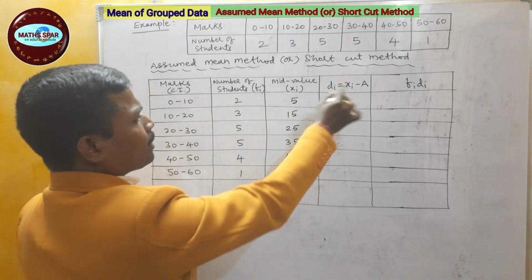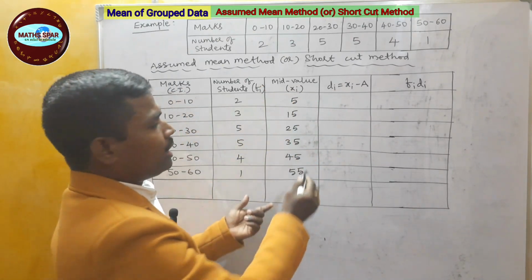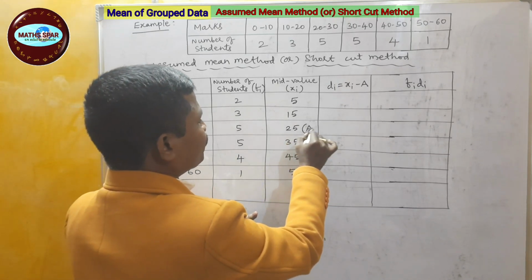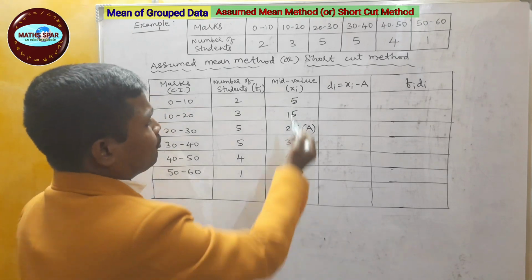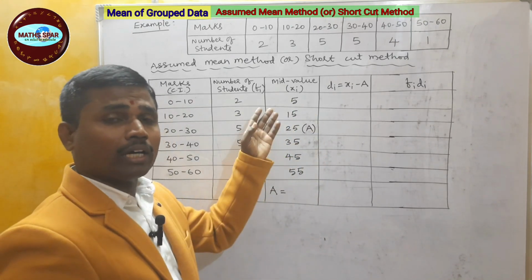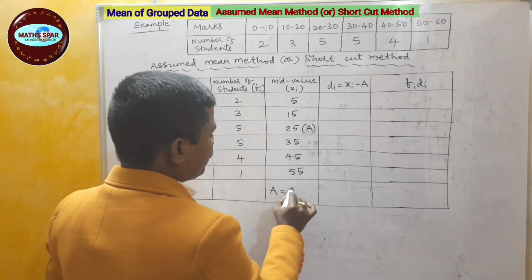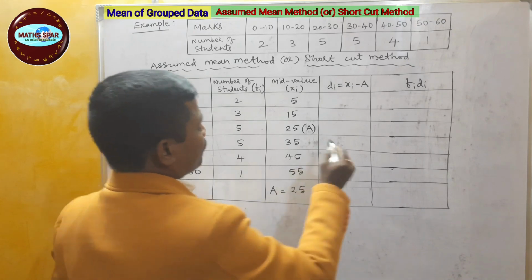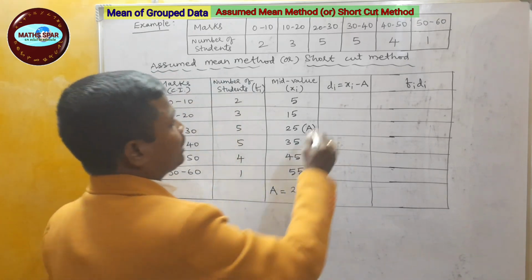Now assumed mean we have to take from mid value. So let us take 25 as assumed mean. If you would like to take 5, 15, 35, 45, 55, anything out of these you can take, you are most welcome. You can try with that. So I am trying with 25 as my assumed mean.